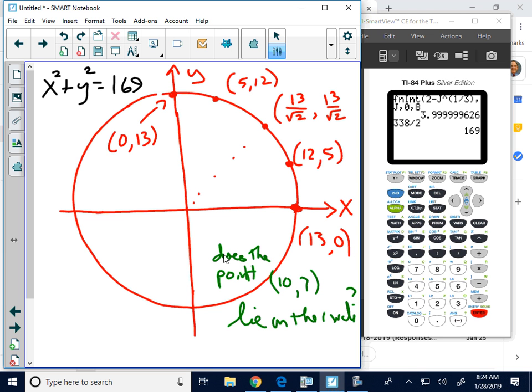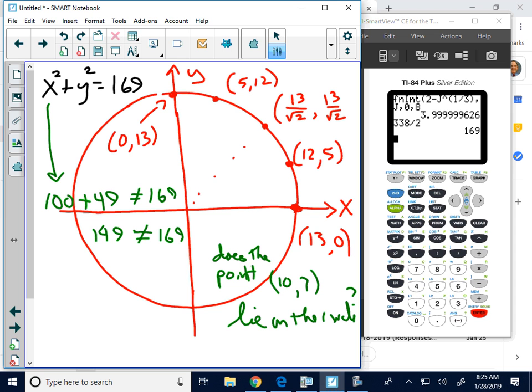Ooh. What happens if you put 10 and 7 in here? What do you get? You get 100, right? Plus 49, right? 7 times 7 is 49. And that's not equal to 169, right? That's 149, which is not equal to 169. So now my question is, is that point inside or outside the circle?